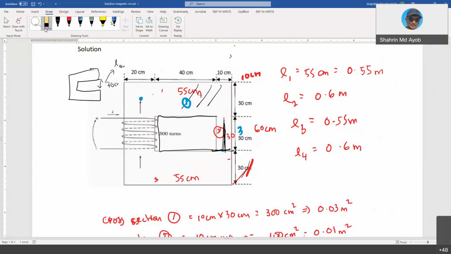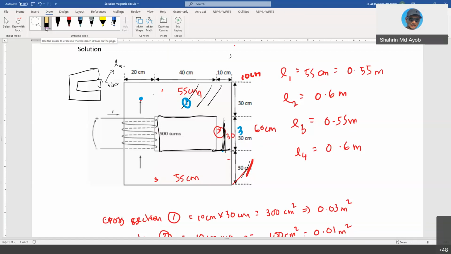Okay, so if there is no question, you can refer to my YouTube video, the last section for this magnetic circuit. Next week we will go for transformers. So after this, it's up to you.